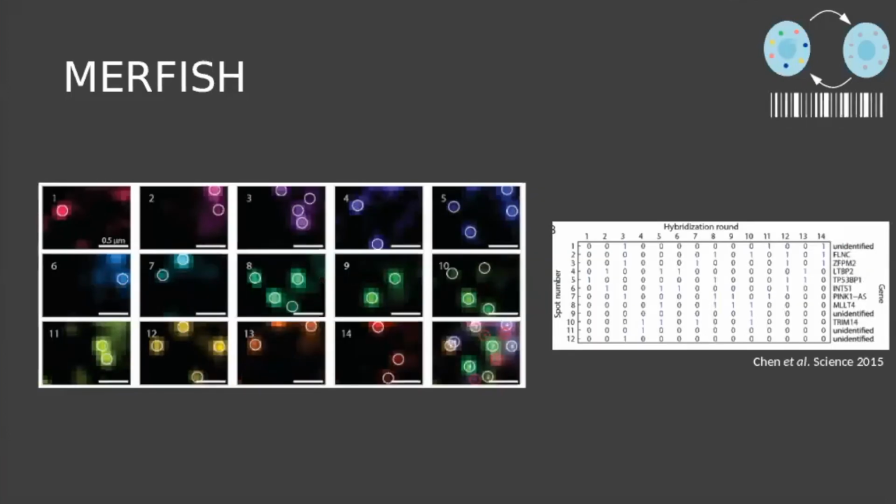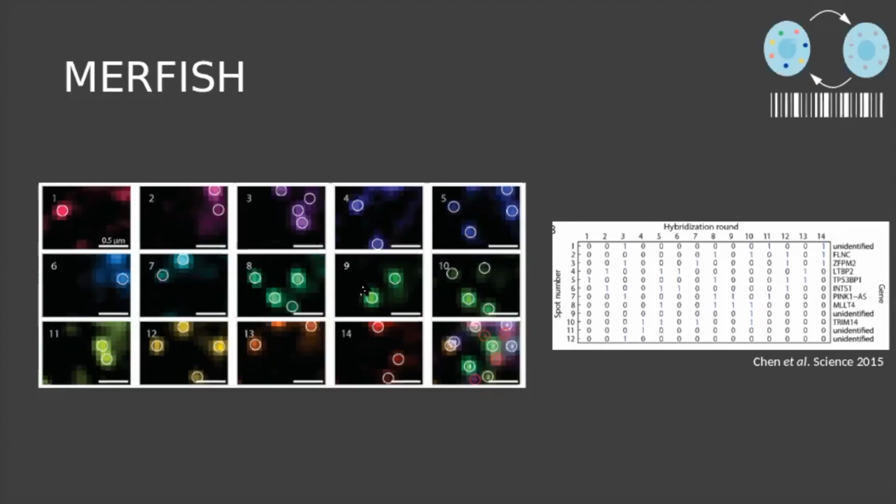Here we can see an example of how they do it. And I wanted to focus on this dot here. So in the first round, there is nothing, so it's a 0. And in the second round, there's a dot, so it's a 1. Third round, it's not there. Fourth, it's there. Fifth, it's there.